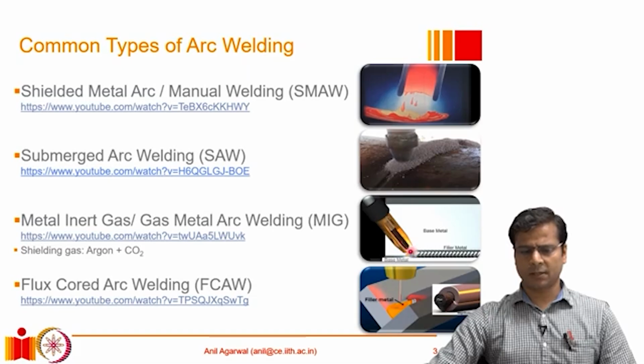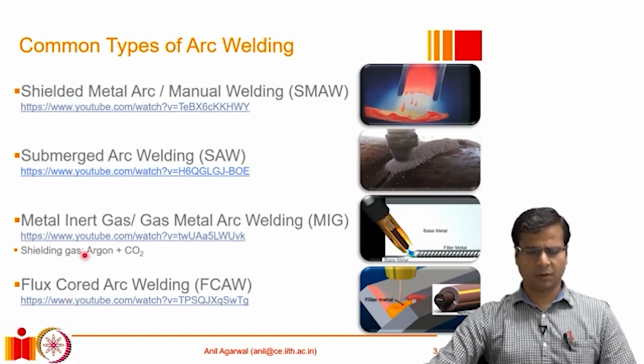One nozzle releases the electrode, which is basically an electrode wire which gets deposited at the weld location, and the outer cavity releases a mix of these two gases, which, because they are released, create a shielding atmosphere near the weld joint and prevent the weld from getting contaminated.